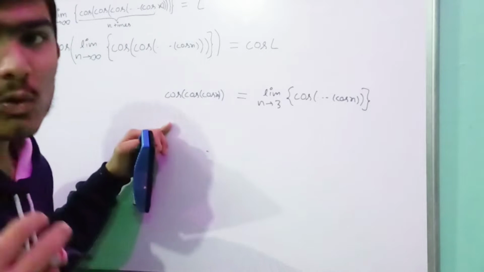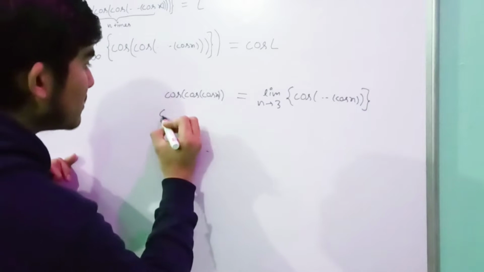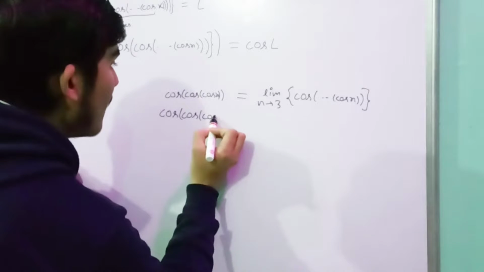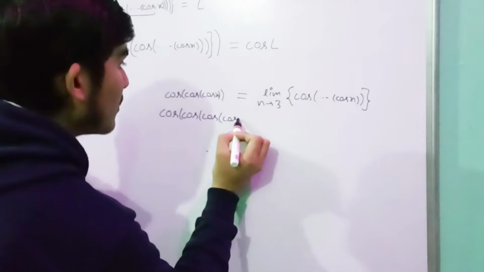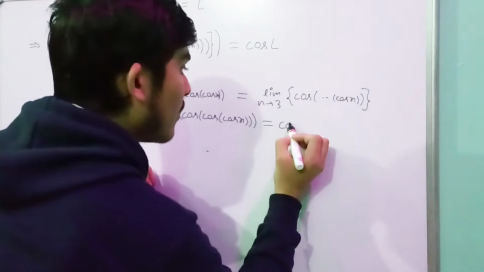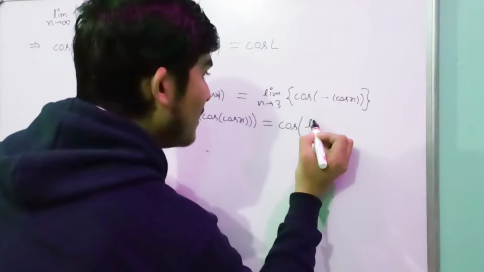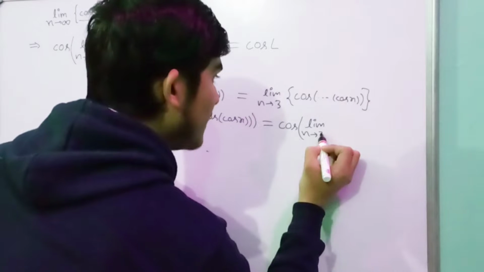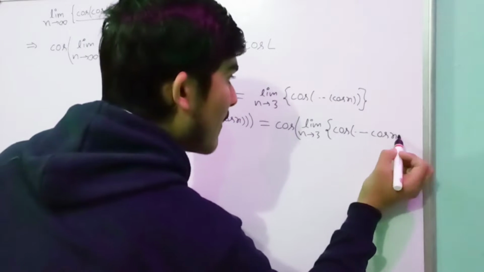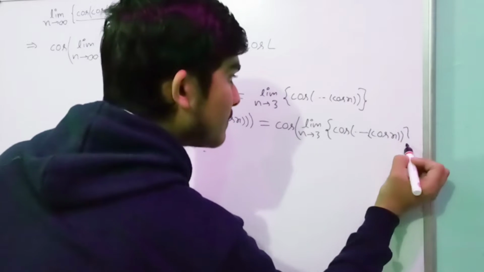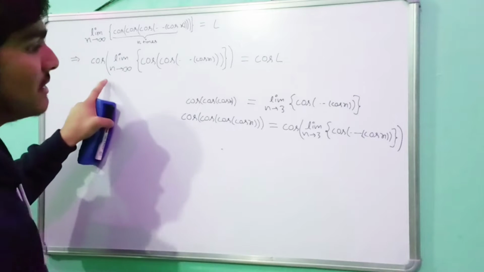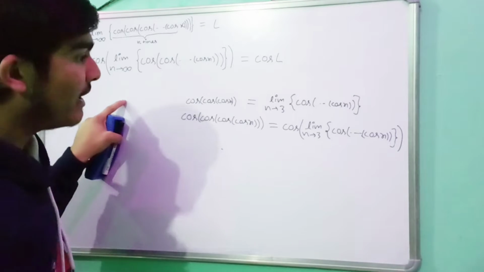Now what if I take cos on both sides? After taking cos on both sides, it will be cos of A, which is cos of the limit as n goes to 3 of cos x. These two things are similar if we replace that 3 by infinity.